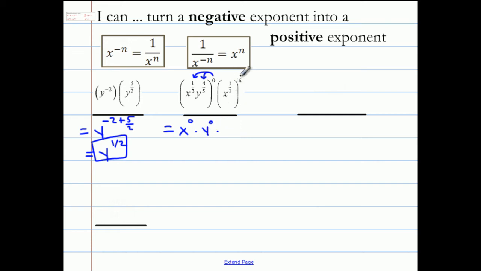And then 1/3 times 6 is the same as 6 divided by 3. So recall, anything raised to the power of 0 is 1. And then 6 divided by 3 is 2. So we're just left with x squared.